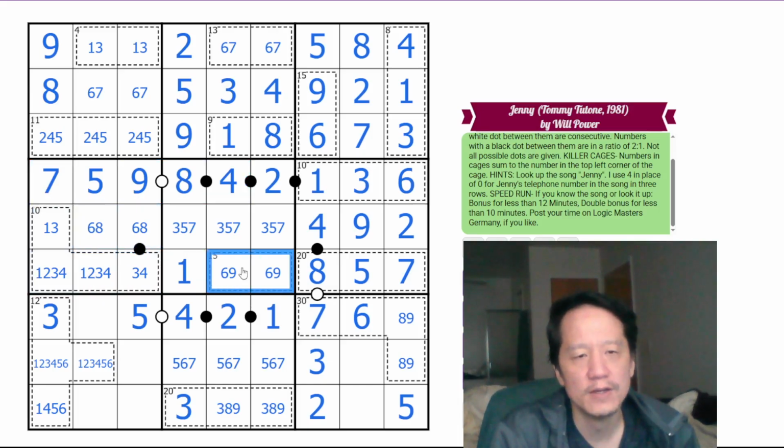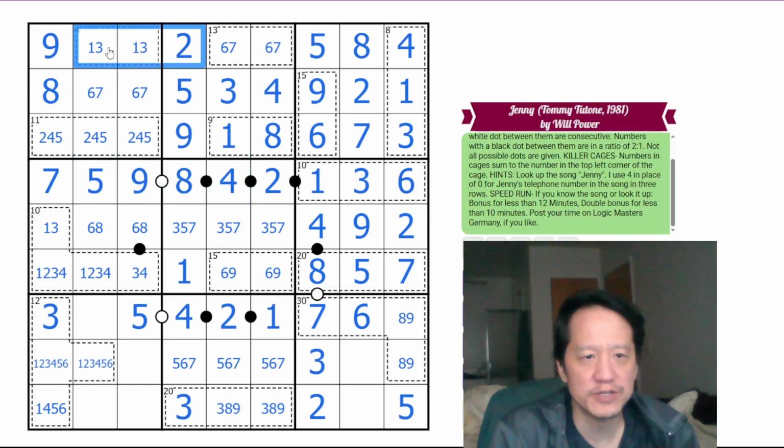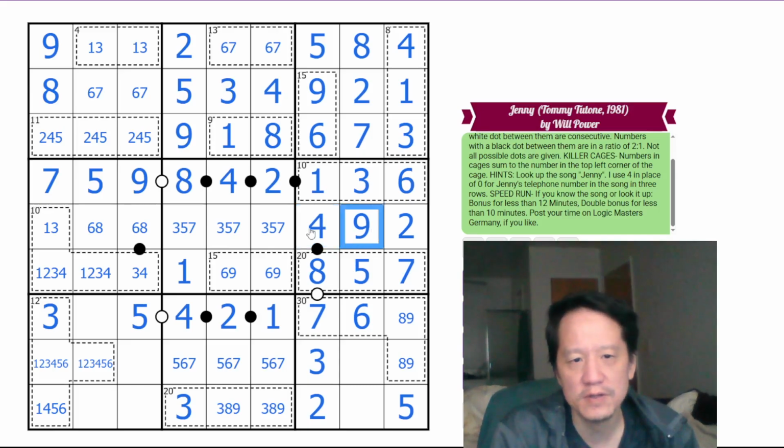When I was doing the speed running, I was basically looking at the ones that I knew almost immediately off the bat, which was this 1, 3, which eliminated 1, 3 here, which made this 2, 4, 5 triplet.